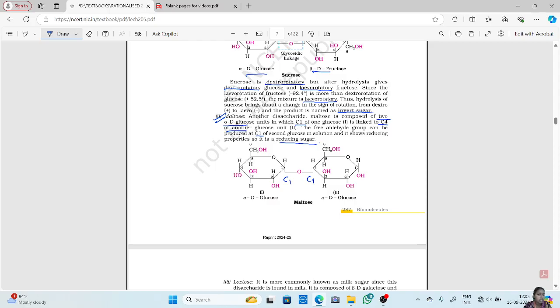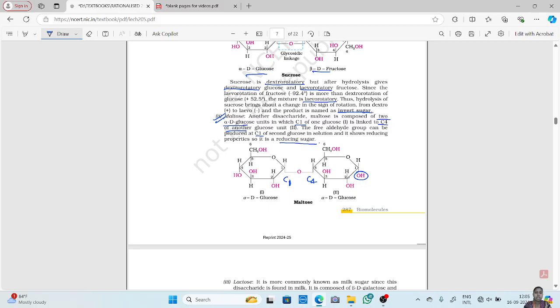If both the C1 carbons were involved in bond formation, this would be a non-reducing sugar. But here, for one glucose molecule it is the C1 carbon, and for the other glucose molecule it is the C4 carbon. So this one can be converted into an aldehydic group, which can show reducing properties.